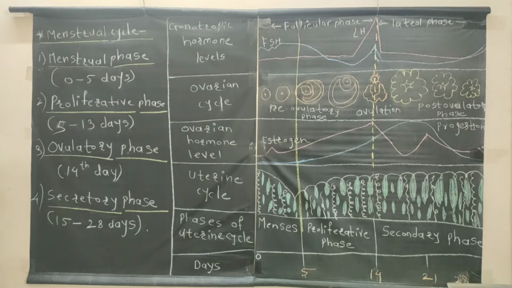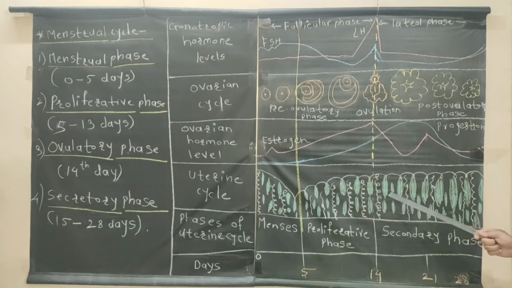That ovulated egg may get fertilized within 24 hours after the 14th day. And in the absence of fertilization, this corpus luteum gets transformed into the corpus albicans. That is, the corpus luteum degenerates and gets converted into a white scar, and that is the corpus albicans.